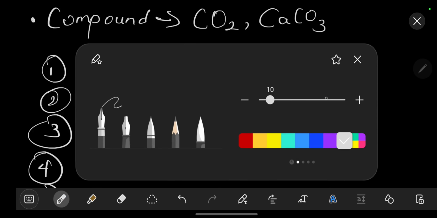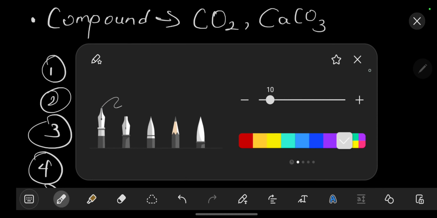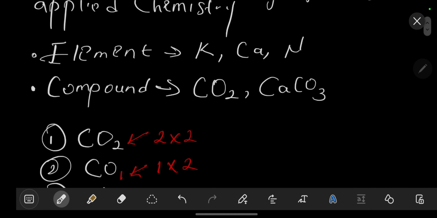If you see a 2 beside oxygen or whatever it is, you have to multiply that 2 by 2. But if there is nothing attached to it, then you take it as 1. Then you multiply that 1 by 2. I hope you get it. Now, to name this compound, the first one becomes carbon.